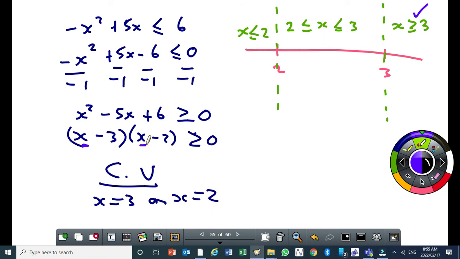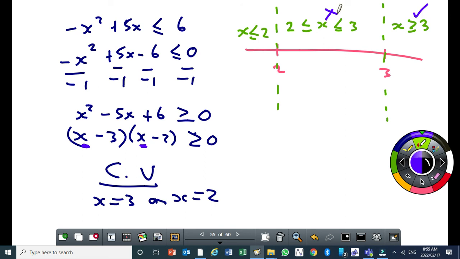If I choose a value between those two, unfortunately I don't get an integer between 2 and 3, but I'll choose 2.5. If I put 2.5 here, I'll get a half. If I put 2.5 there, I'll get a half. So a half times a half gives me negative a quarter, which is less than 0, which means this interval will be invalid.